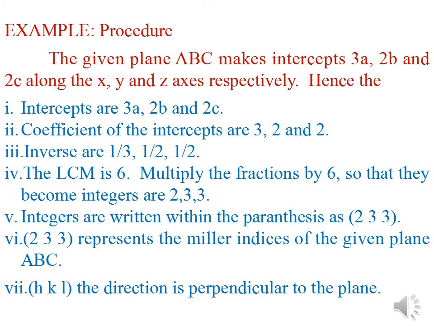The LCM is 6, so multiply each reciprocal value by 6 and simplify to get the three integer numbers 2, 3, 3. The integers are written within parentheses as (2 3 3). (2 3 3) represents the Miller indices, the HKL value, of the given plane ABC. The direction is perpendicular to the plane.